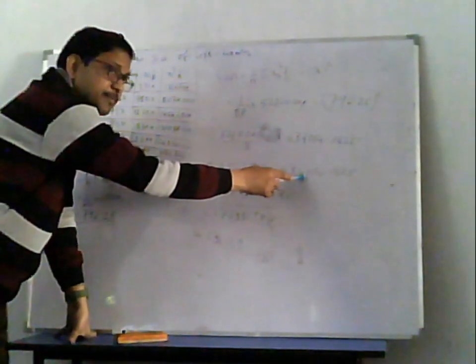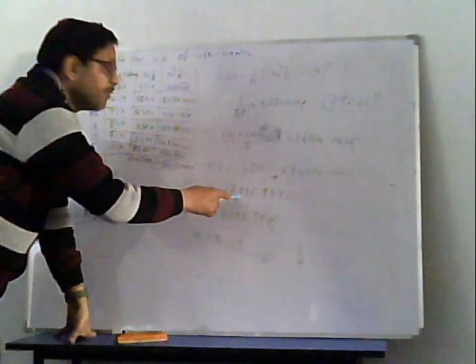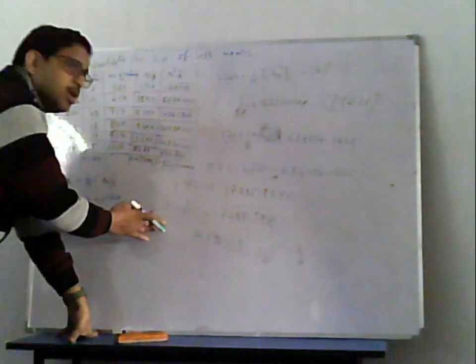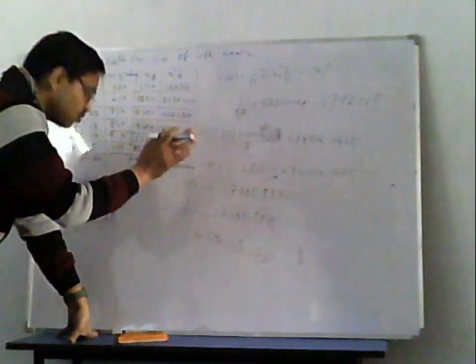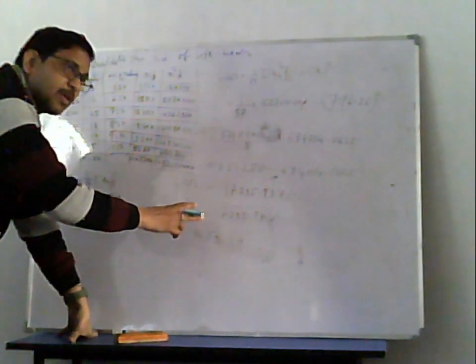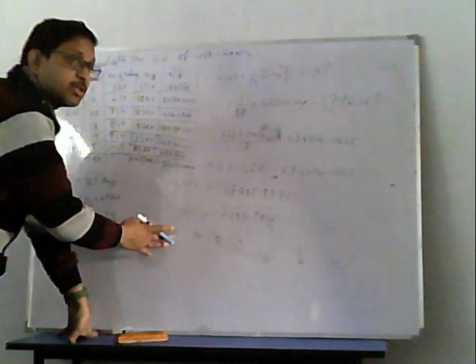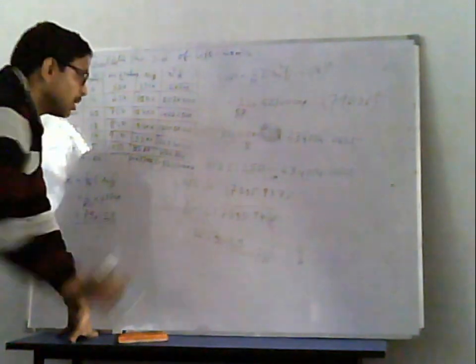Again this minus this, then we get the variance. After getting the variance, it is easy. We just take the root of the variance and we get the standard deviation. By putting this formula, we can solve the problem. Okay? Clear? Yes, sir.